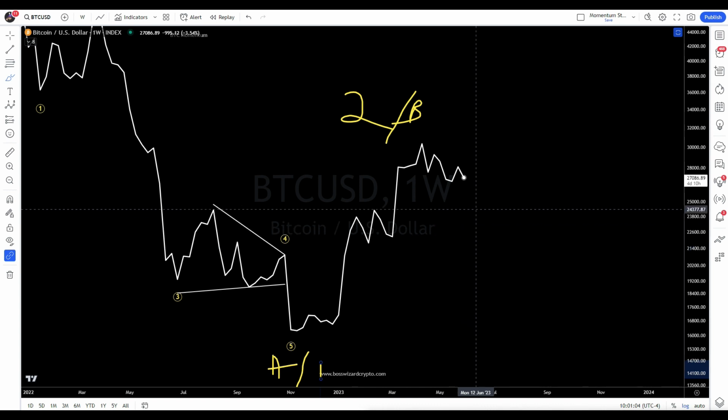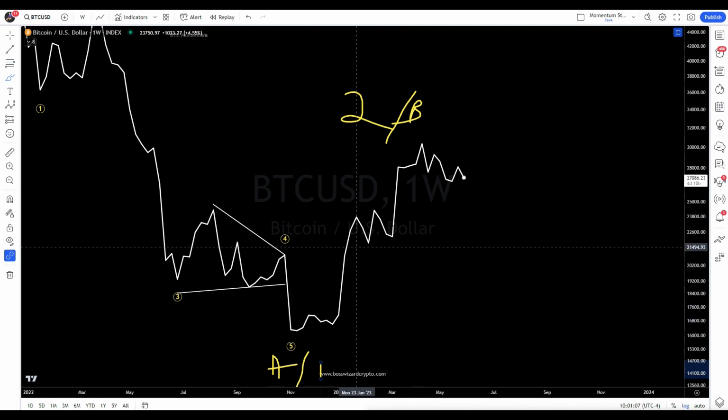All right, but point is, subwaves aren't as clearly defined on this time frame.